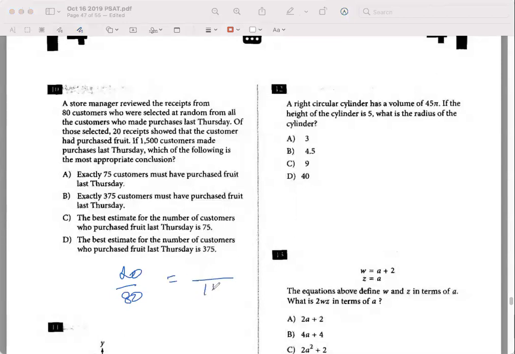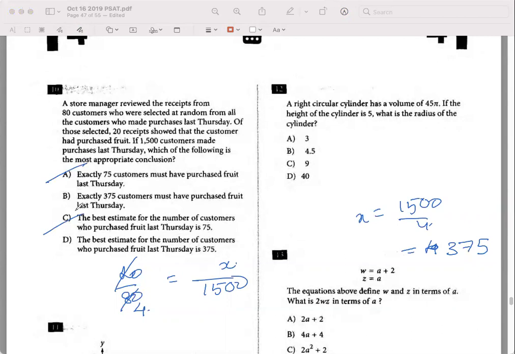So out of the total 1,500, let's say X purchased fruit, right? So this is 1/4. So X is 1,500 divided by 4, which is around 375. So obviously option A and option C are out.